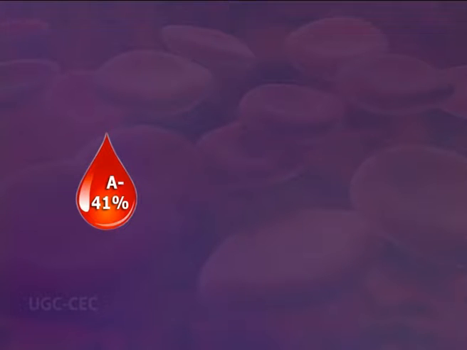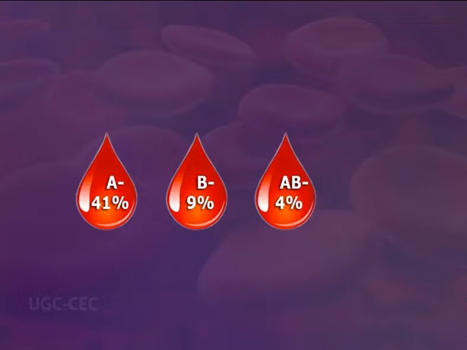No agglutination with anti-A, anti-B determines the amorphous group O. The approximate frequency of each antigen on the erythrocytes of a Caucasian population is for A 41%, for B 9%, for AB 4% and for O 46%.